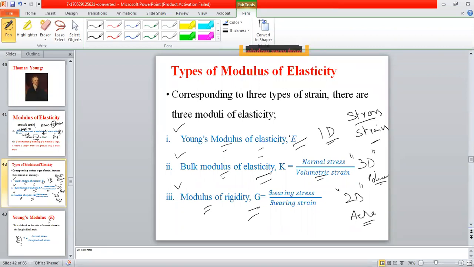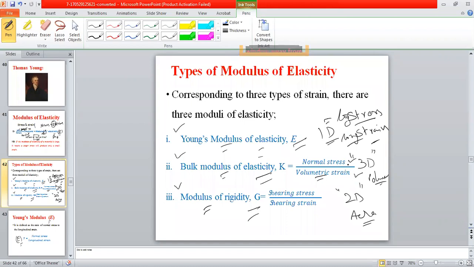Here Young's modulus is nothing but longitudinal stress by longitudinal strain, and the bulk modulus is nothing but normal stress by volumetric strain. Therefore the volume will be changed.